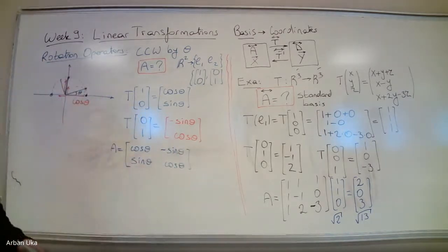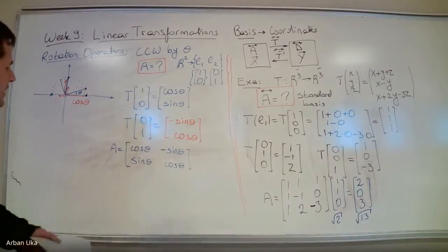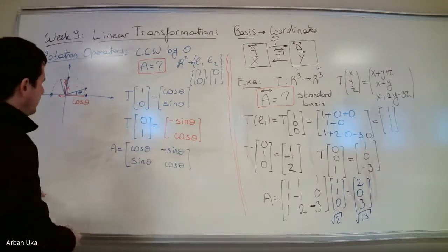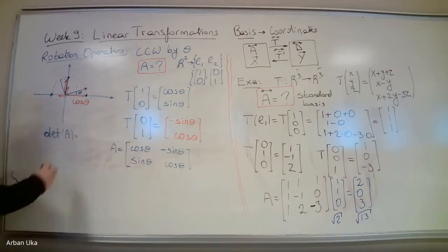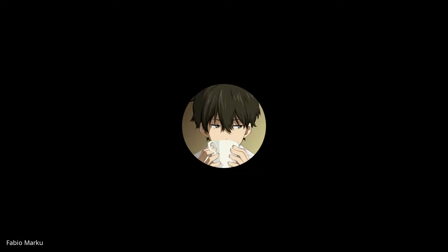Now, we can ask each other, what is the determinant of this matrix? What is the determinant of A? Cosine square plus sine square. It's 1, right?